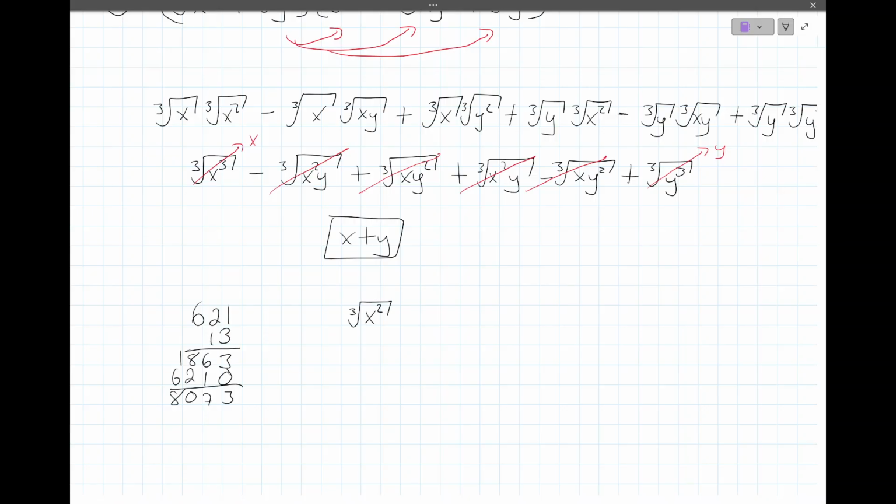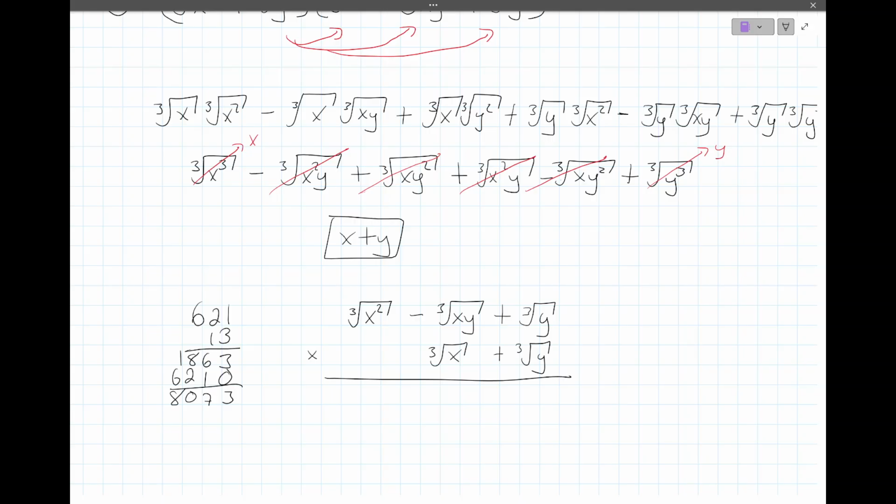Or radical expression. So this would be cube root of x squared minus cube root xy. And this would be plus cube root of y. And I'm going to multiply it all by cube root x plus cube root y.